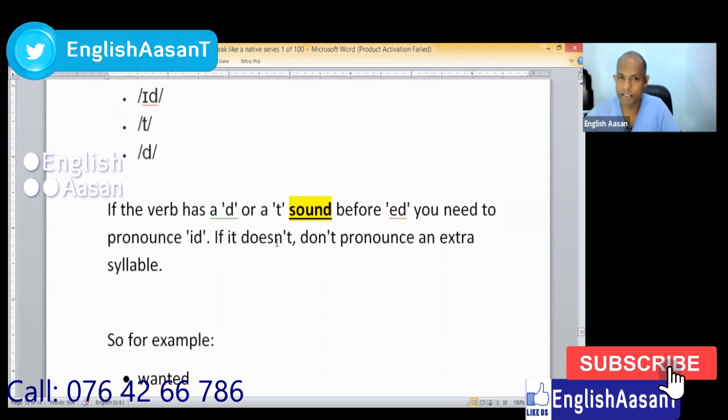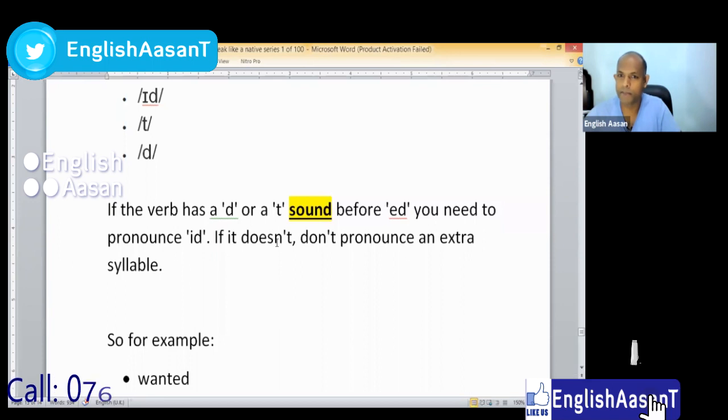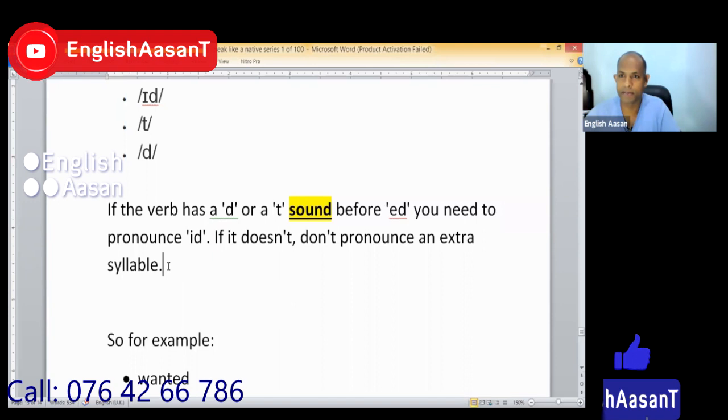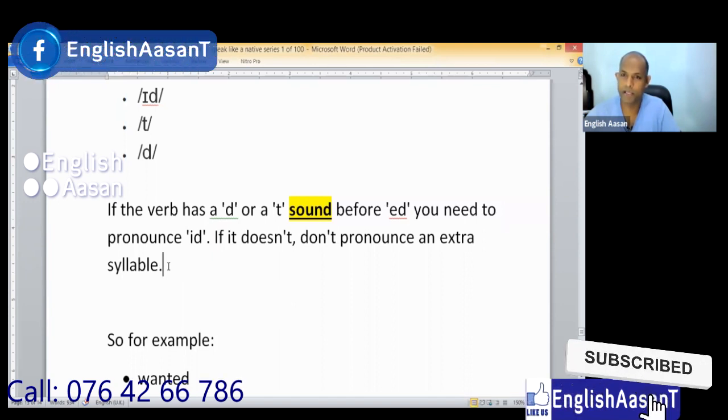If it doesn't, don't pronounce an extra syllable. You have to make it one syllable that is together with the sound.